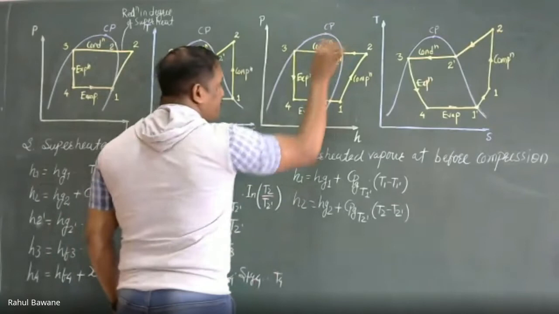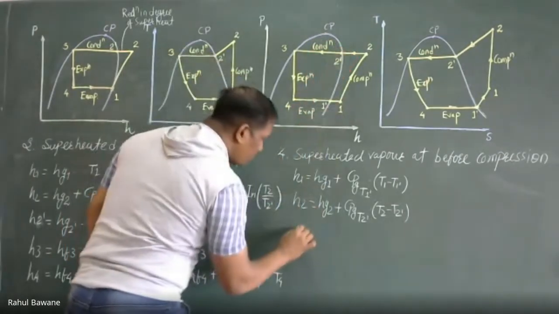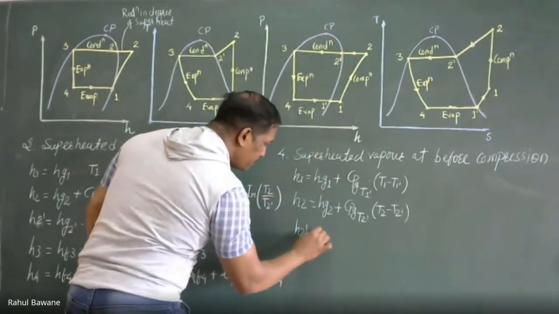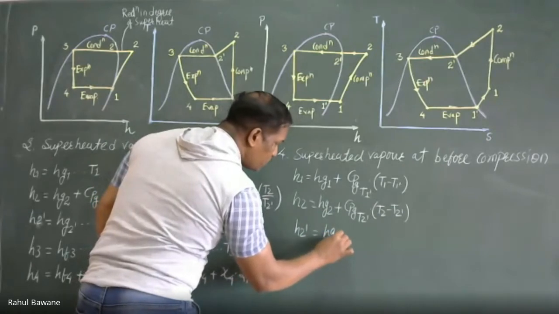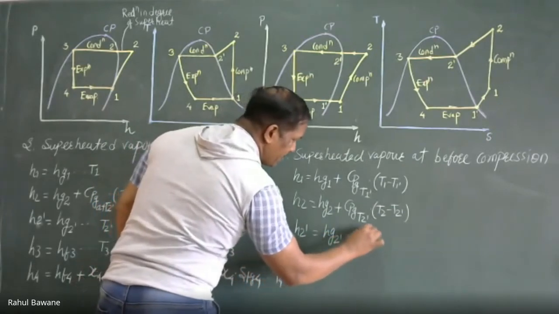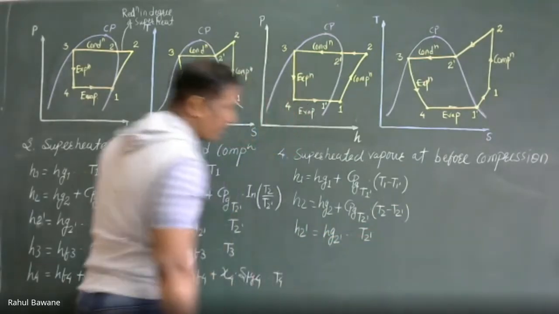What is the enthalpy at 2 dash? H2 dash is nothing but Hg2 dash, calculated at T2 dash.